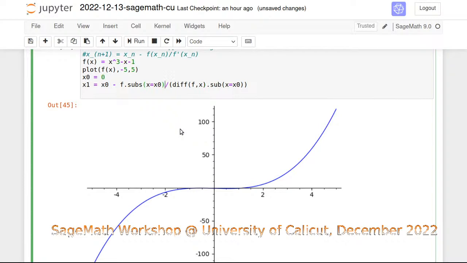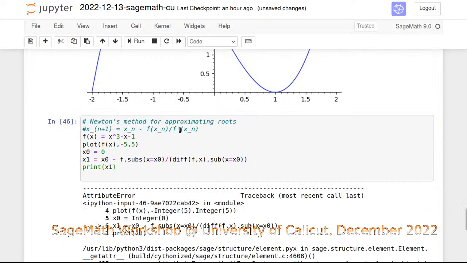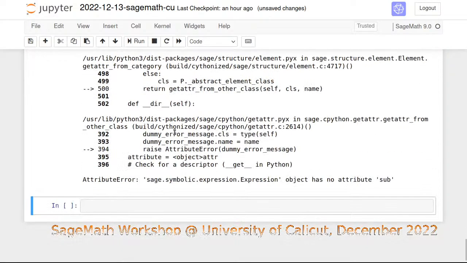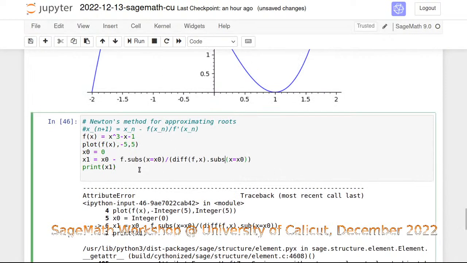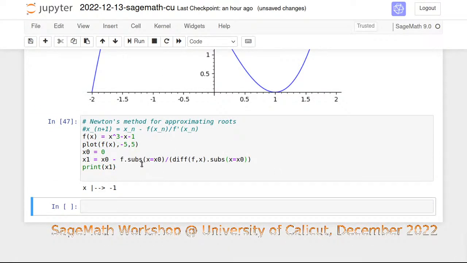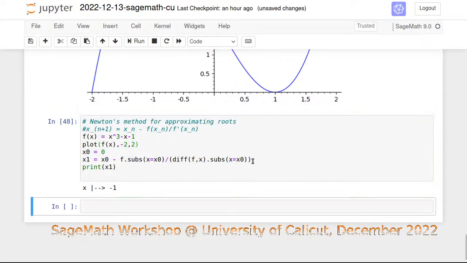This is complete, and let us see what this x1 is. X equal to -1 is what it says. Let us see the plot within the range -2 to 2 to have a closer look.